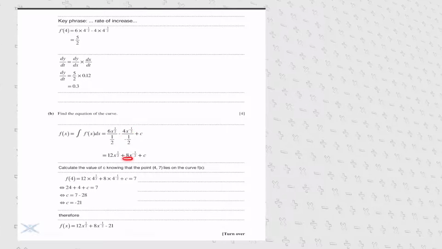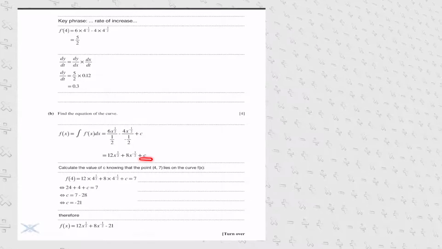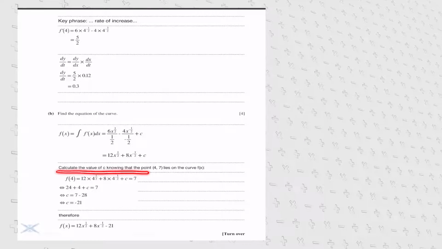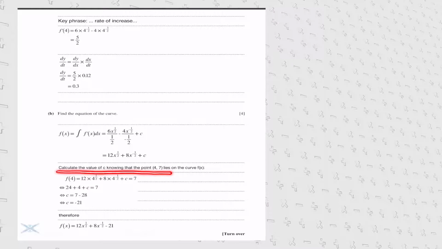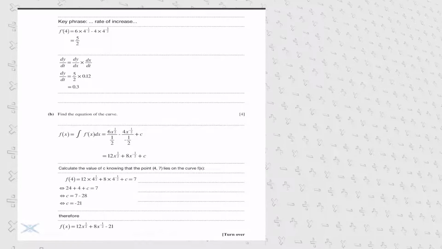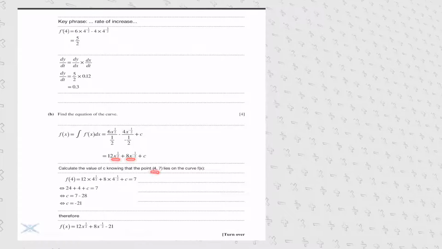What's left for us is to find out the value for the constant c, and this can be done by exploiting the information that was previously given in the exercise, knowing that one point of this curve can be found at the coordinates 4, 7, meaning that we simply replace x with 4 and equate the function with y equals 7.